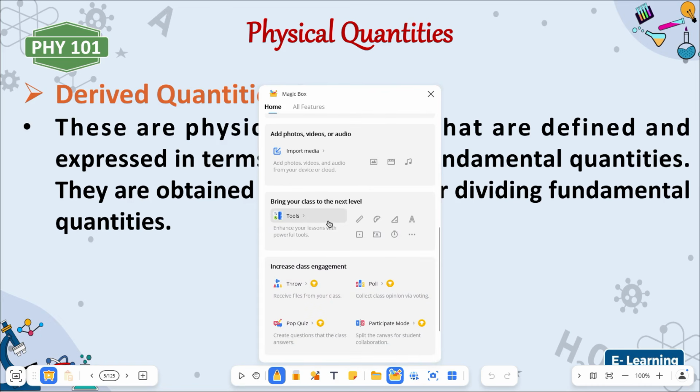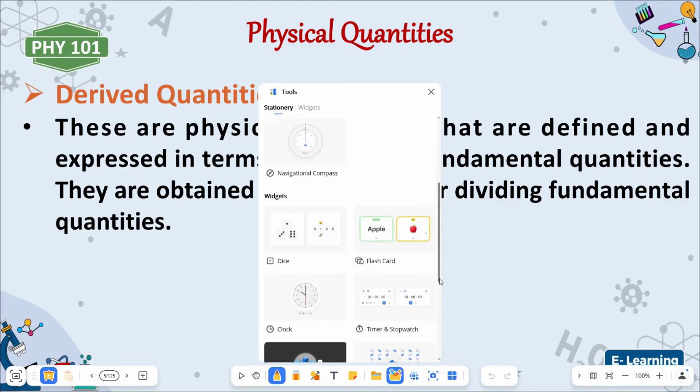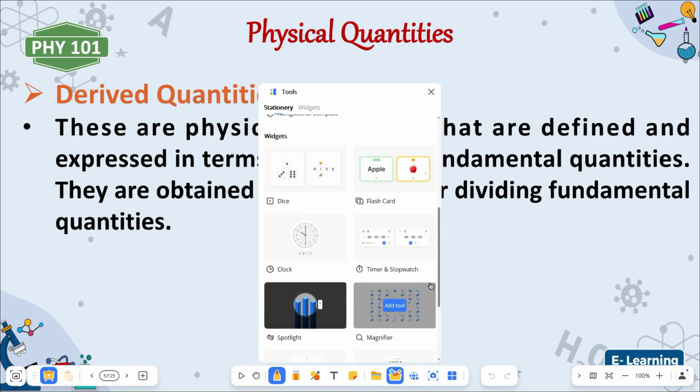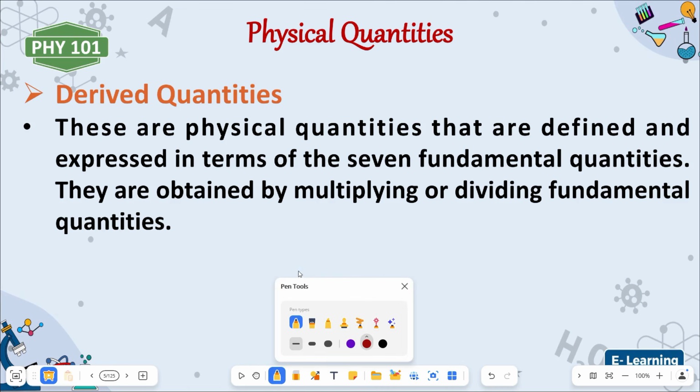Those are what? Sorry, those are fundamental quantities. That's what happens when I lose focus.